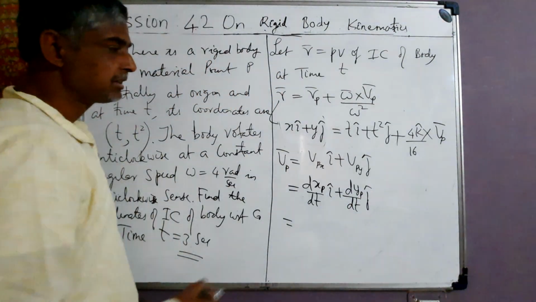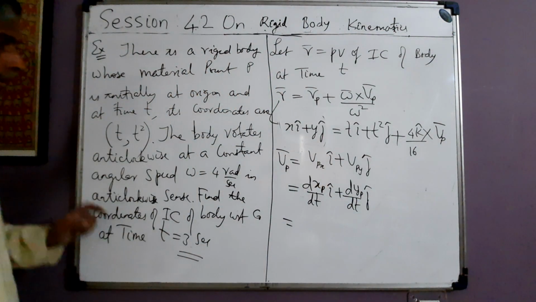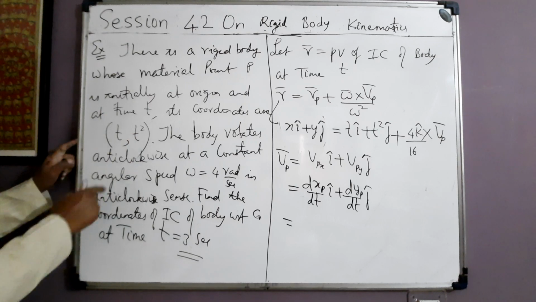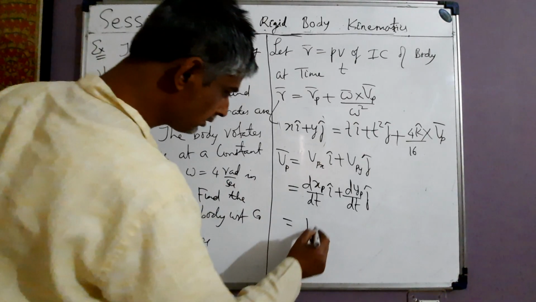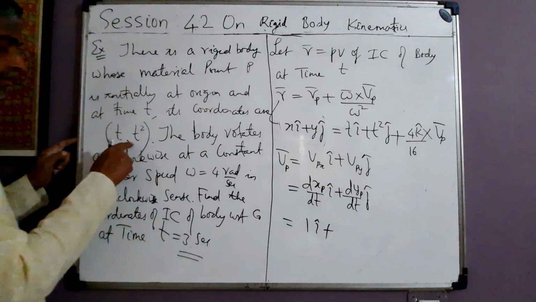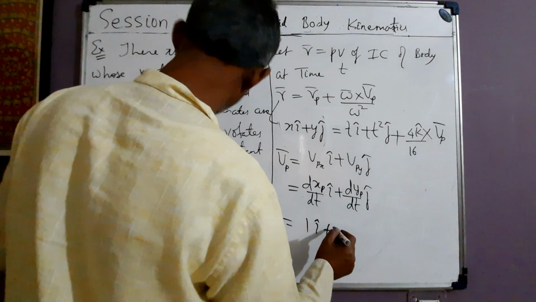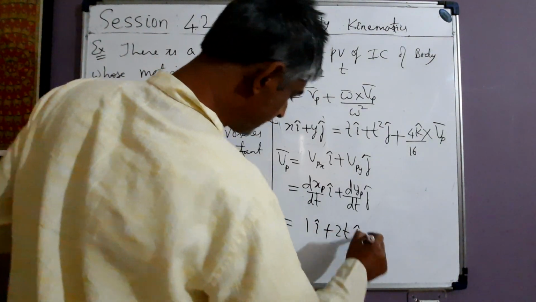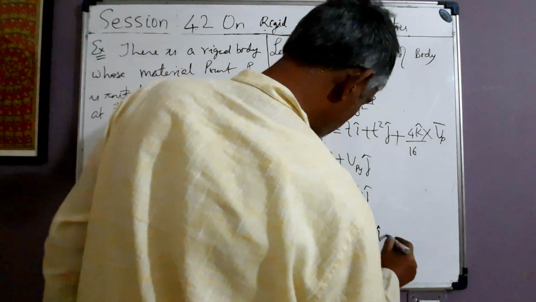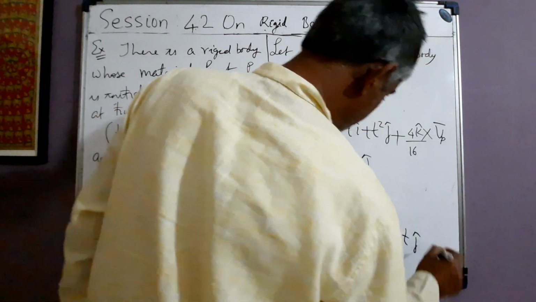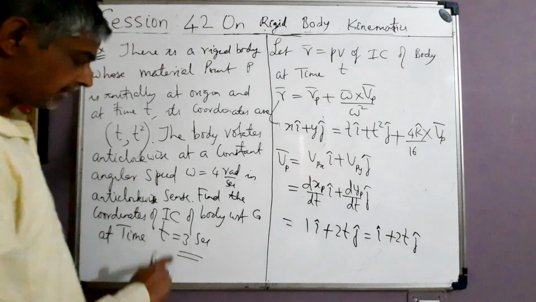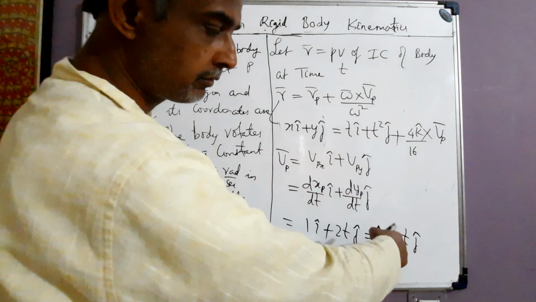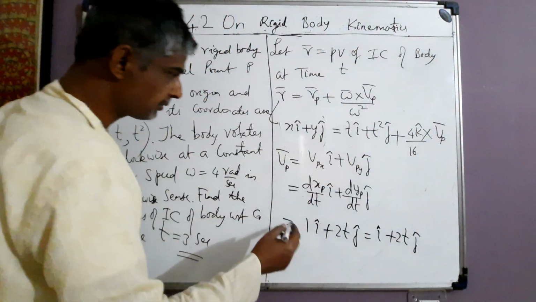Now the x and y coordinates of point P are t and t square. xp is t, so dxp by dt becomes 1 i hat. yp is t square, so dyp by dt becomes 2t j hat. So Vp becomes i hat plus 2t j hat. At t equal to 3 seconds, I'll first calculate it, then I'll substitute the value of t.